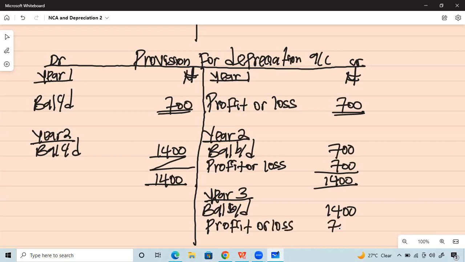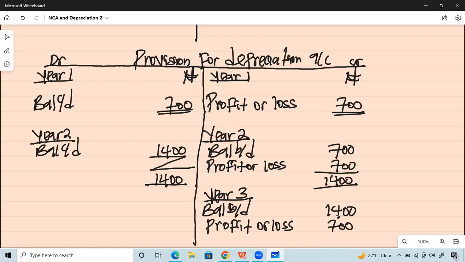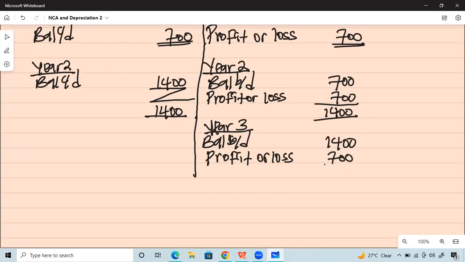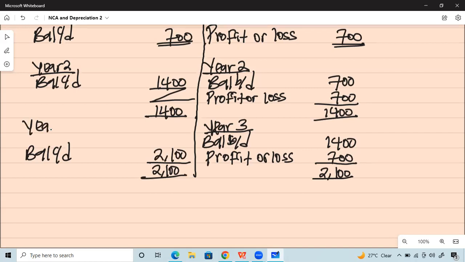How much is it? It is 700. Addition of the two, you are going to have 2,100. You close the account. You come here as well and close the account. 2,100 will be our balance carried down. This is year three.